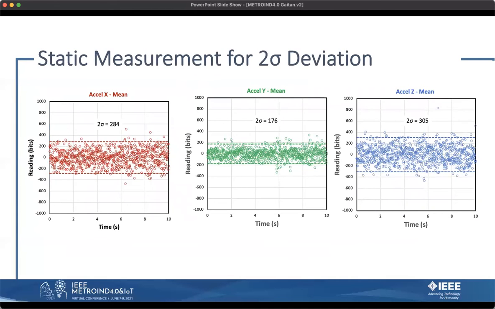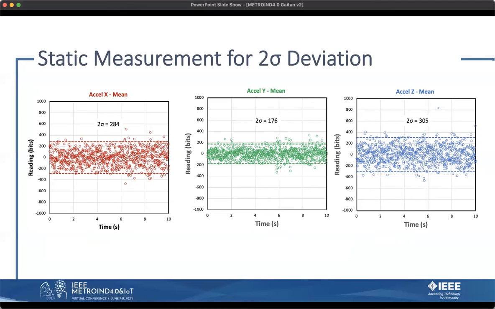So here we're looking at the static measurement first. What you're seeing is a collection of data from each of the accelerometers, color-coded in this graph as red, green, and blue. In this calibration, the Z accelerometer is pointing vertically upwards.